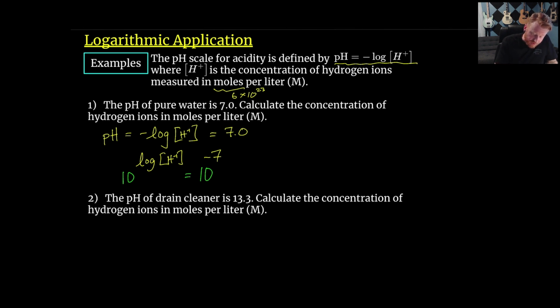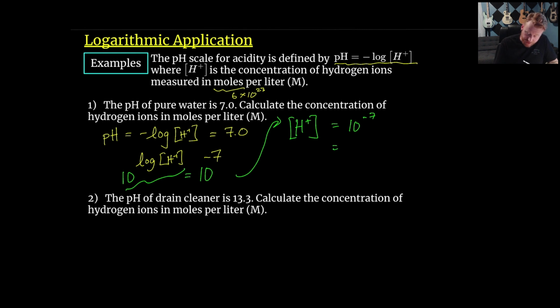The reason that I'm raising both sides to the 10 is so that these undo each other, and I just get the number of ions here, the H plus notation. And this is equal to 10 to the negative 7.